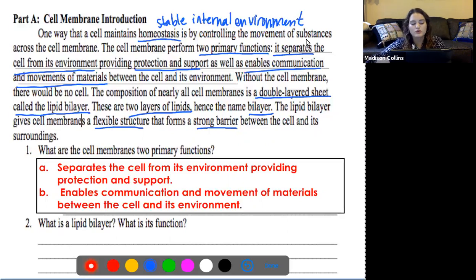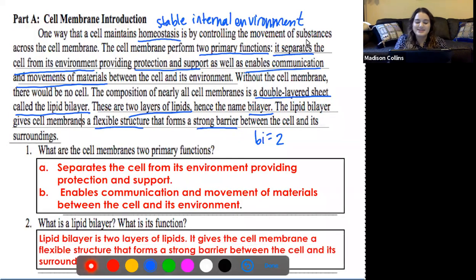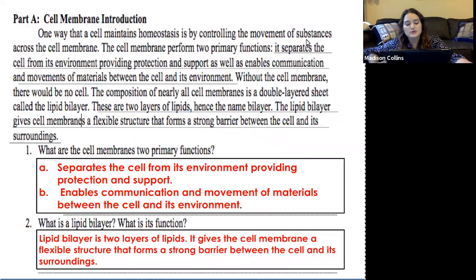Right, number 2, what is a lipid bilayer and what is its function? So whenever you see the prefix bi, that's going to be talking about 2. So because we're working with a lipid bilayer here, that means it is 2 layers of lipids. So because it's a bilayer, there are 2 layers.